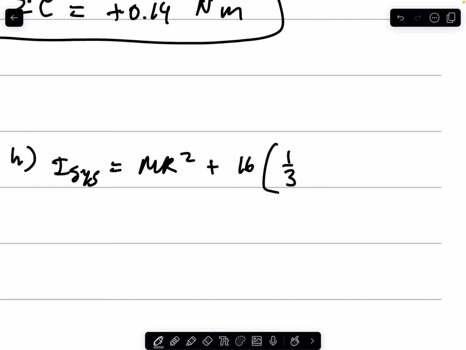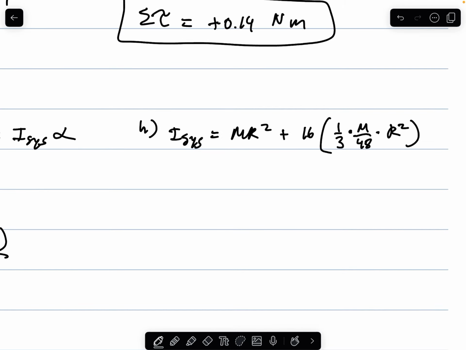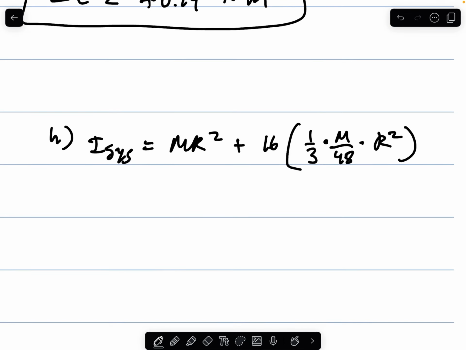So then you multiply the moment of inertia of each spoke by 16 to get the total moment of inertia of the 16 spokes. And the mass is m/48 times length squared, which is radius squared, because the radius is the length of the spoke. And you use 1/3 because that is the coefficient of the moment of inertia when there's a rod and the pivot is at the end of the rod.